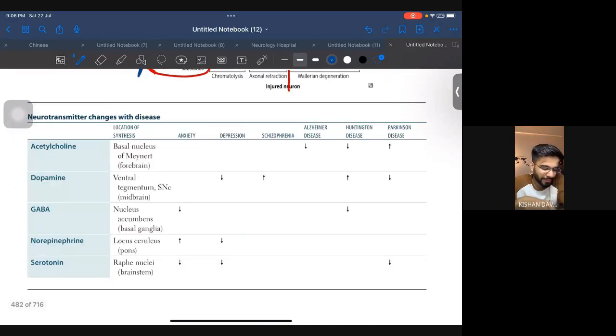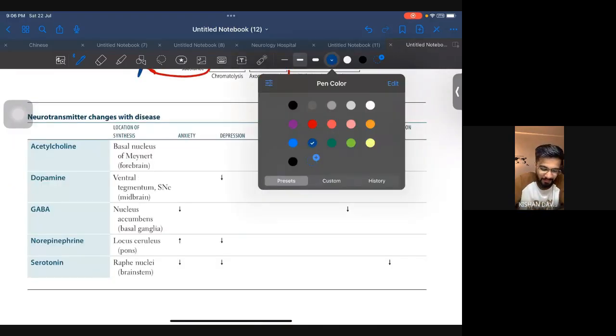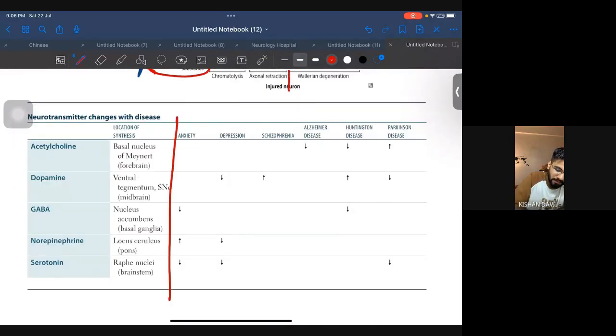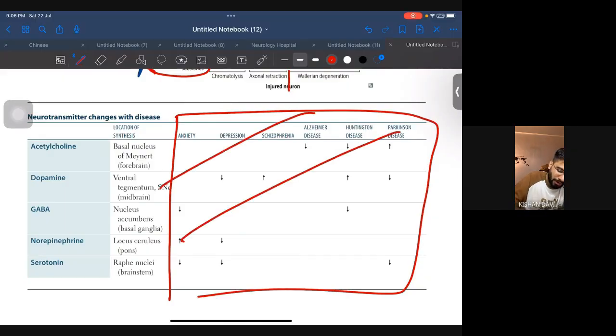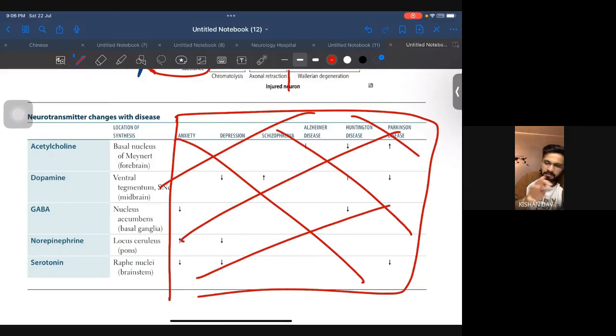Moving ahead, neurotransmitter changes with disease. For now, just forget what the changes in disease are; we will do this along with the diseases. What you need to remember here is the location.